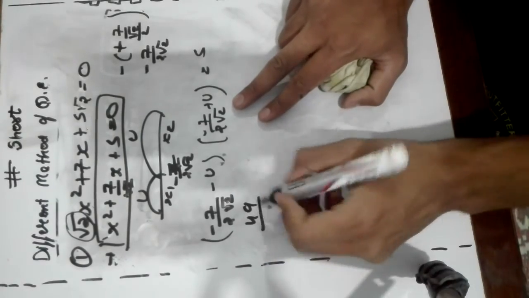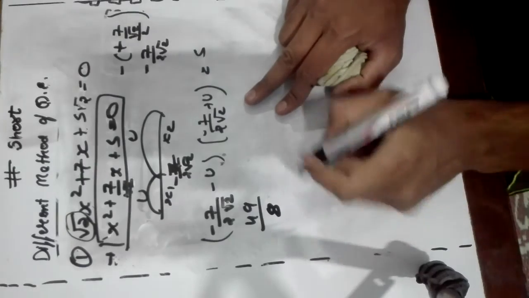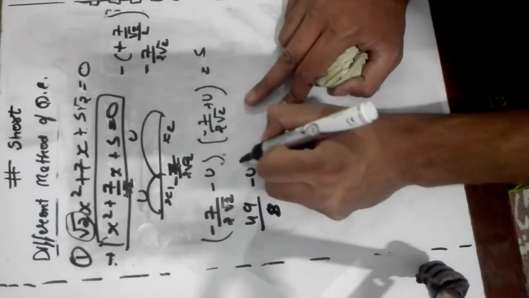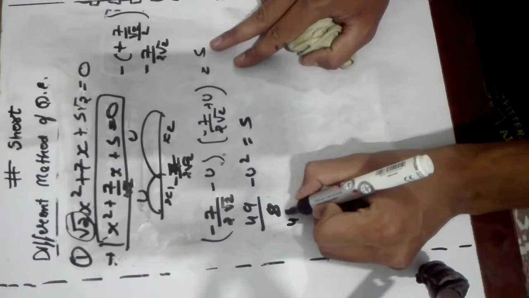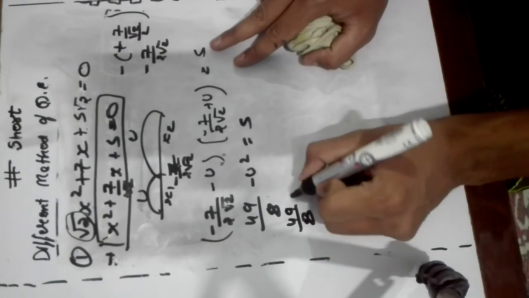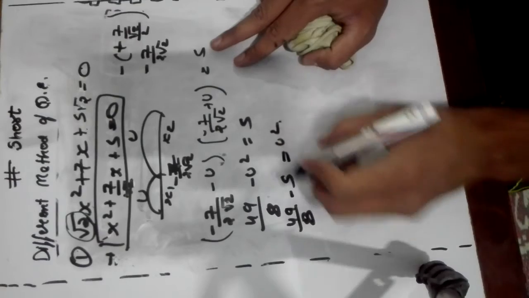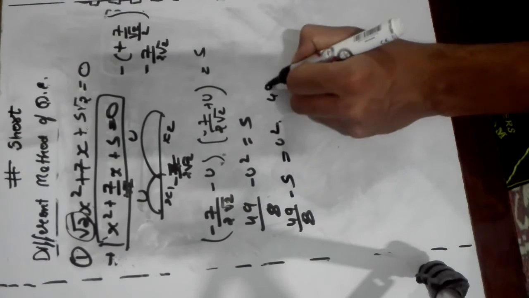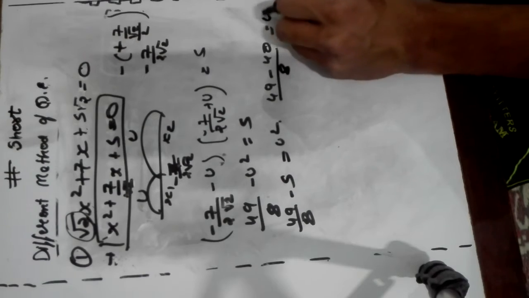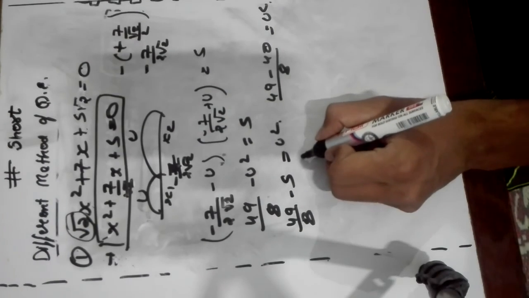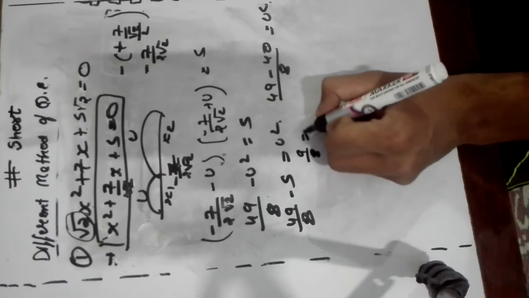Now we have 49 by 8 minus u square equals to 5. Then we have 49 by 8 minus 5 equals to u square. Then we get 49 minus 40 by 8 equals to u square. Then we get 9 by 8 equals u square.